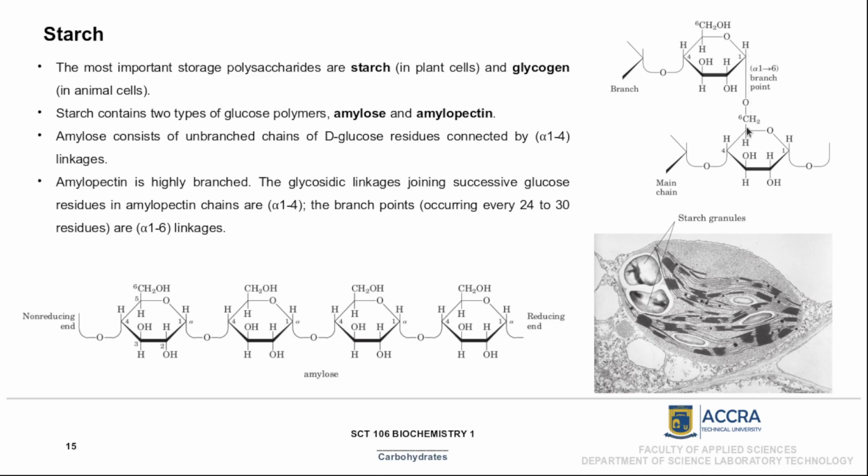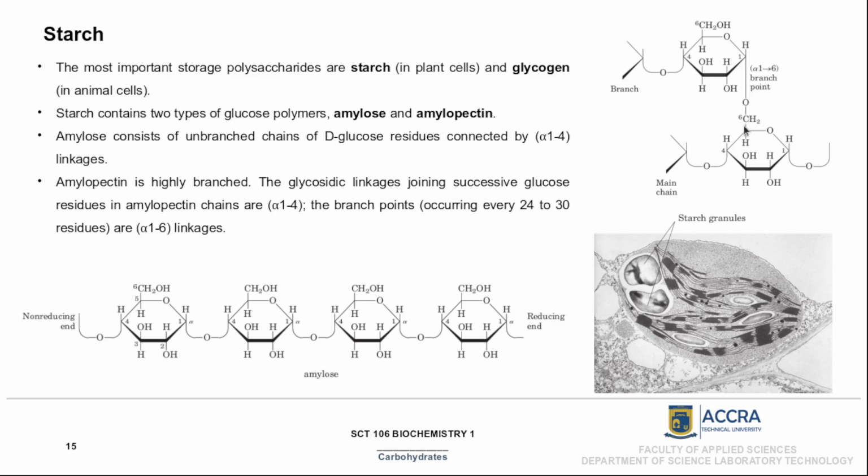On carbon number 6, you have the bonding between the hydroxyl group on carbon number 1 of another chain and the hydroxyl group of the CH2OH on carbon number 6. So you see this is carbon number 6, as in the amylose chain. But in amylopectin, you have this chain, and then you have this branching as well.